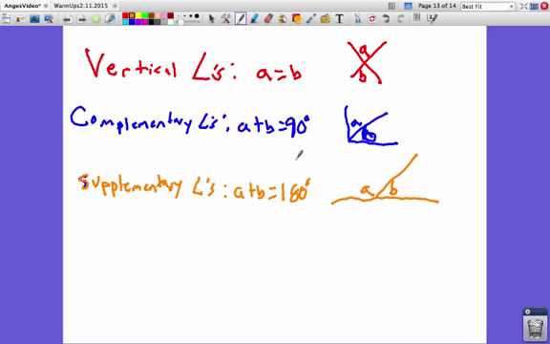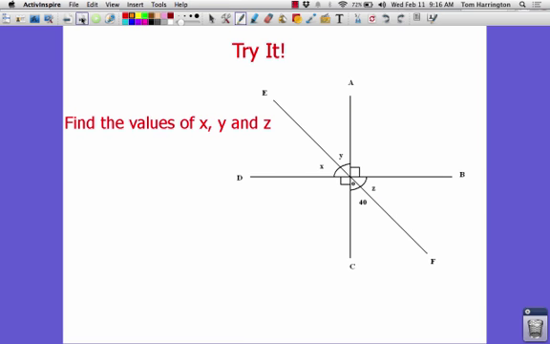These are the angle pairs that you need to make sure you know and know how to use those properties. So here is your try it problem for today. You need to figure out the values of x, y, and z in this problem.